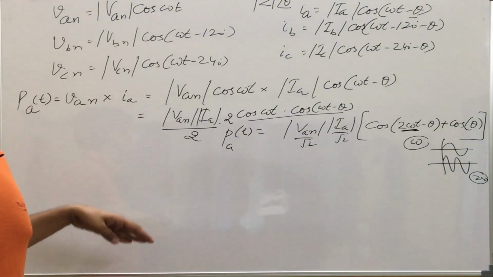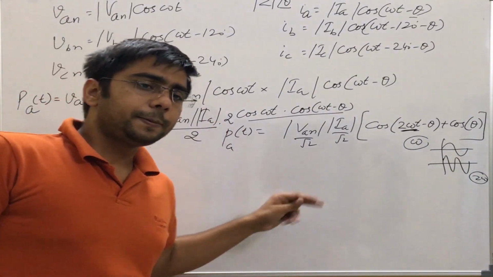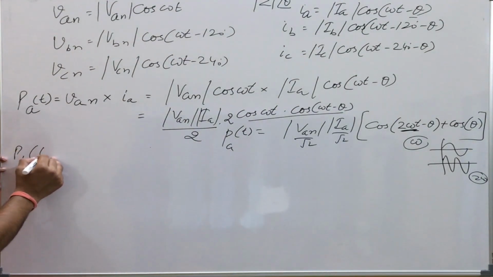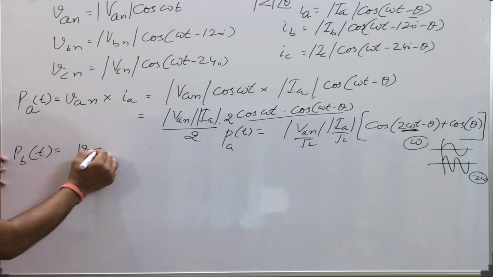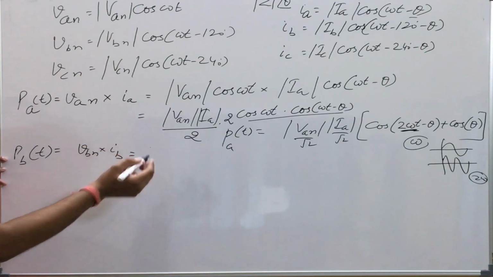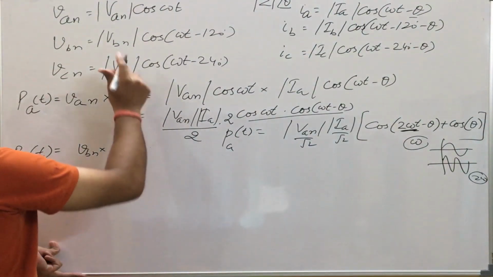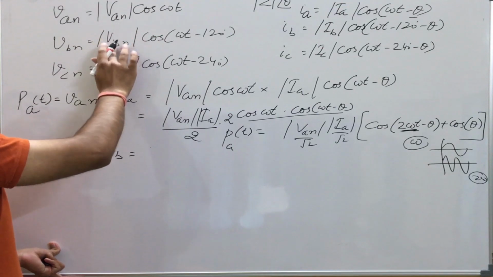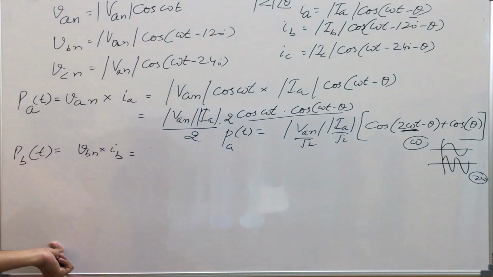Now let us see the three-phase power. I already derived the power in phase A. Let us find out what it will be in phase B. It will be VBN into IB. On solving, we will see it comes out as follows. Since I have taken this as balanced, I can write it directly, the magnitudes will be the same.